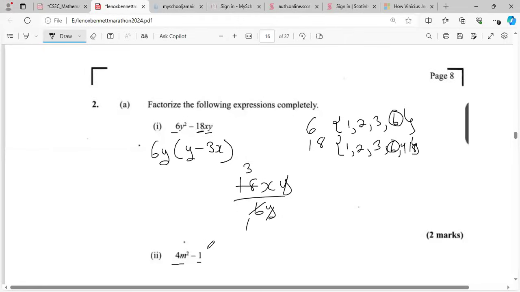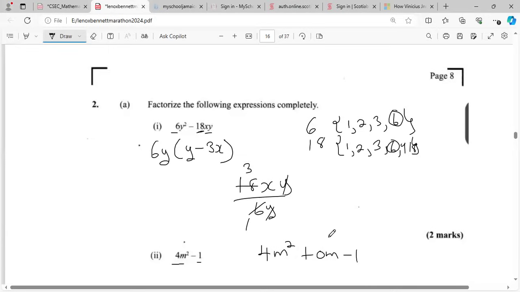What this is now, guys, is basically saying that you have 4m squared plus 0m, but they take out the 0m. So it means a number minus itself to give you the 0. So if you want to rewrite it like this, this is how you would have done it if you want to use the factor method.